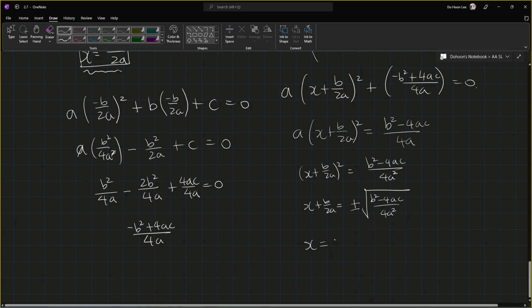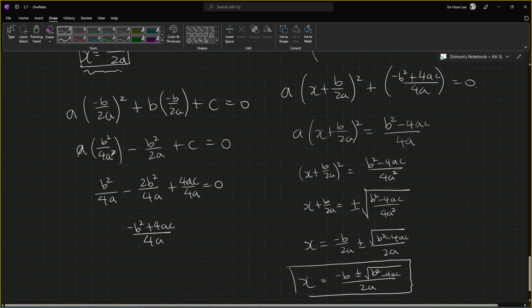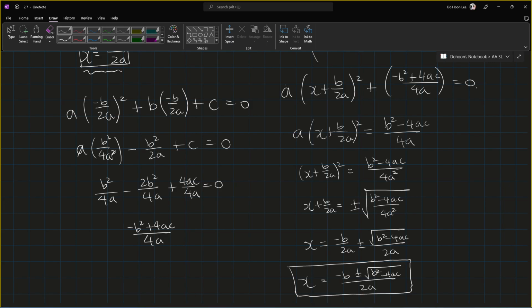So x now becomes negative b over 2a plus or minus, well, I know that 4a squared can be square rooted to 2a. Now I can put this together. X equals negative b plus or minus the square root of b squared minus 4ac, over 2a. Thus, we have derived the quadratic formula to find the value of x in the equation.